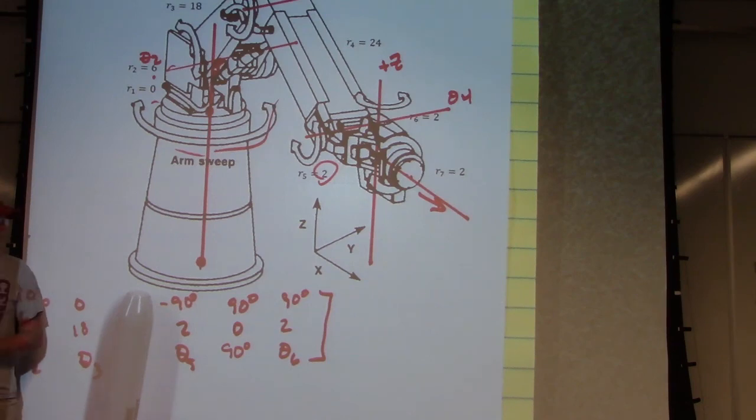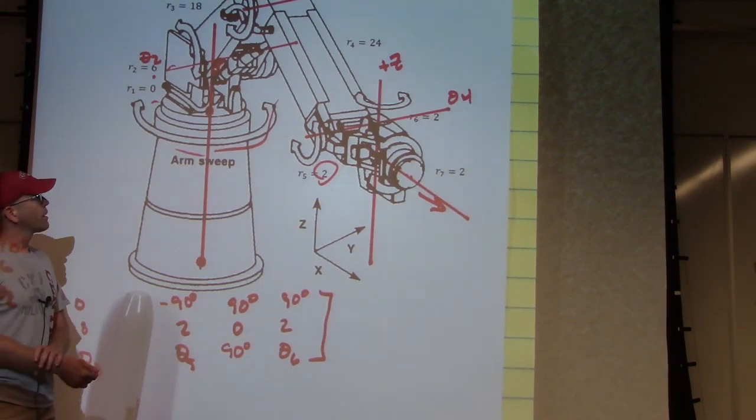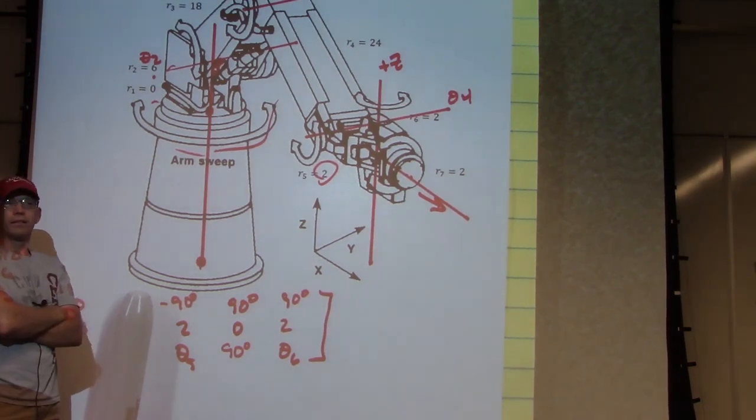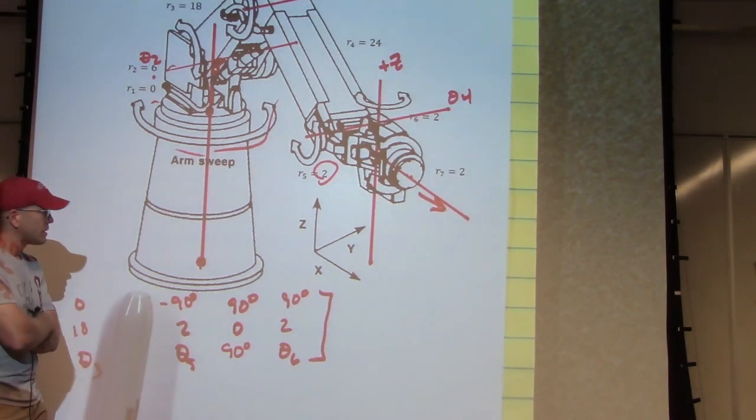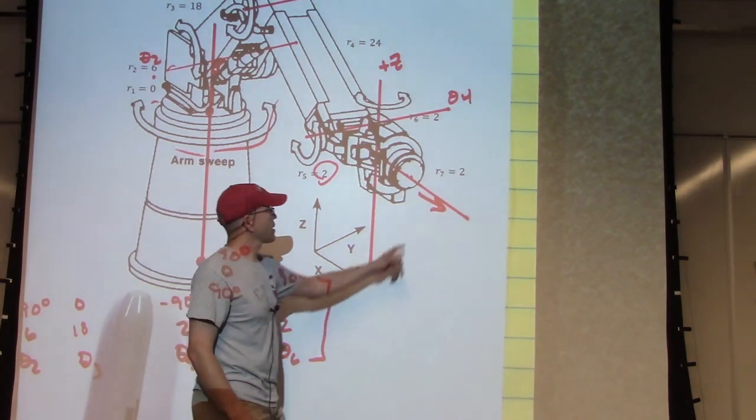Okay, now you'll notice that we have an R7 here too. Where did that come into play? It didn't. What does that R7 represent? This is the length past the rotation point. Yeah, exactly. That's the length past the rotation point.